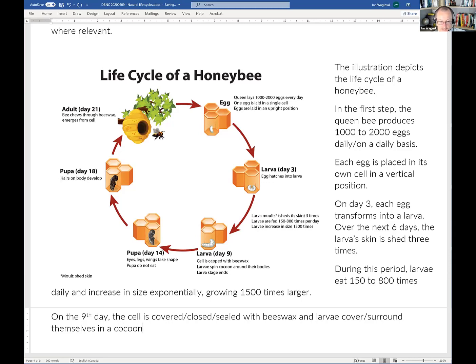Cover themselves in a cocoon. Okay. Which is the last larva stage.